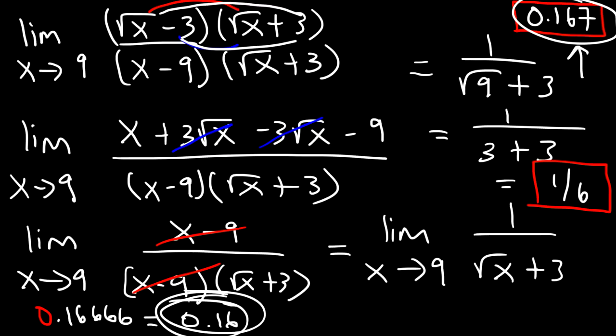So whenever you're evaluating limits analytically, see if you can either factor, or if you have a complex fraction, multiply the top and the bottom by the common denominator. Or if you have a fraction with a square root symbol inside of it, multiply the top and the bottom by the conjugate of the square root factor.